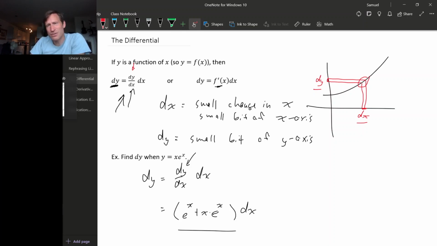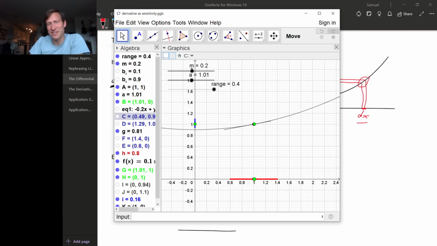I kind of think of a derivative as being a sensitivity factor. So for this example here, this m here, this is the derivative at this base point. Now, our base point is at x equals 1, and the corresponding output is also y equals 1. Now this slope is small, so that means if I move this green point side to side, this green point will move a lot, but the corresponding change over here in the y direction will be small, and that's because this slope is small.